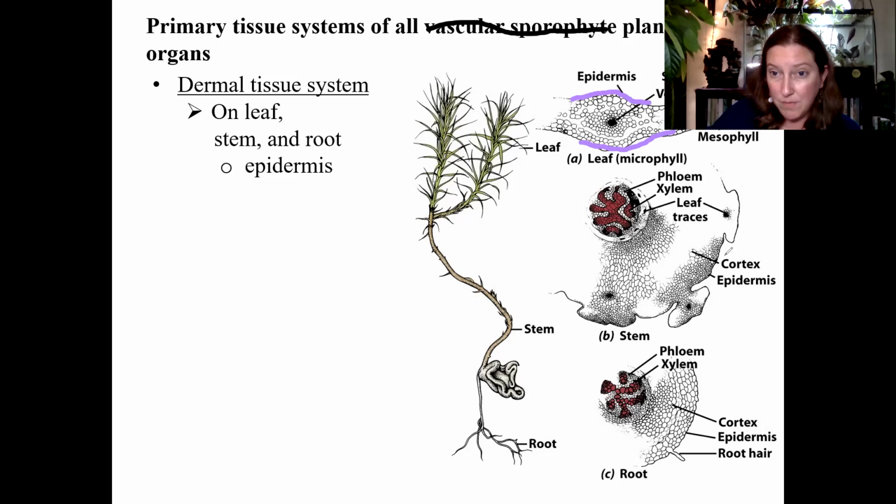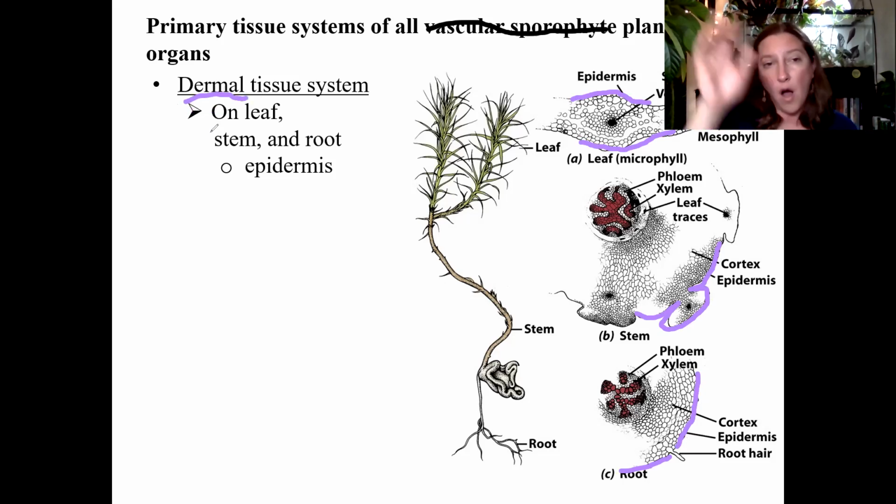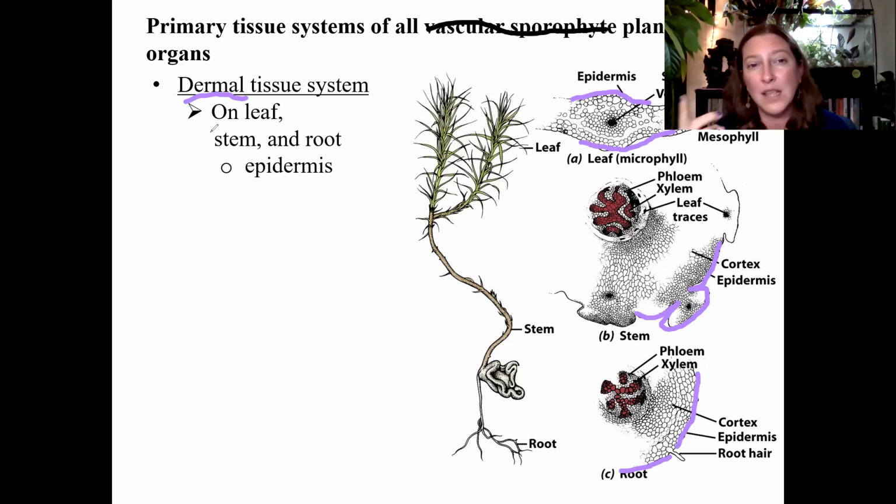This stem shown in B is also going to have an epidermis, right? There it is on the outside, the skin. And then this root is also going to have an epidermis, right? This is on the skin. So that's what this is saying here. Dermal tissue system is called an epidermis. Doesn't matter if you're talking about a leaf, a stem, or a root. Always going to make epidermis.